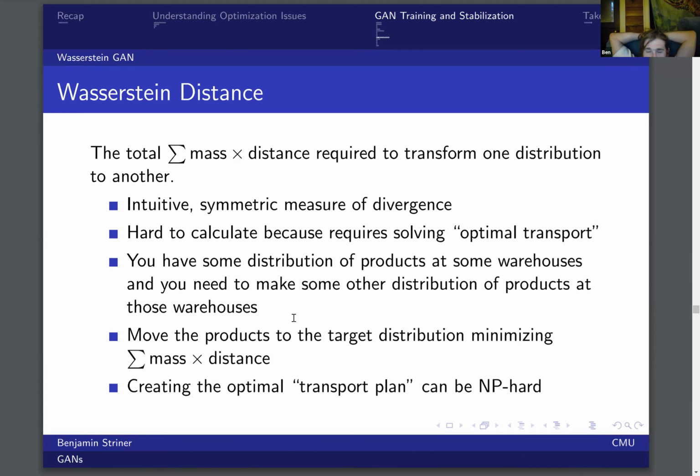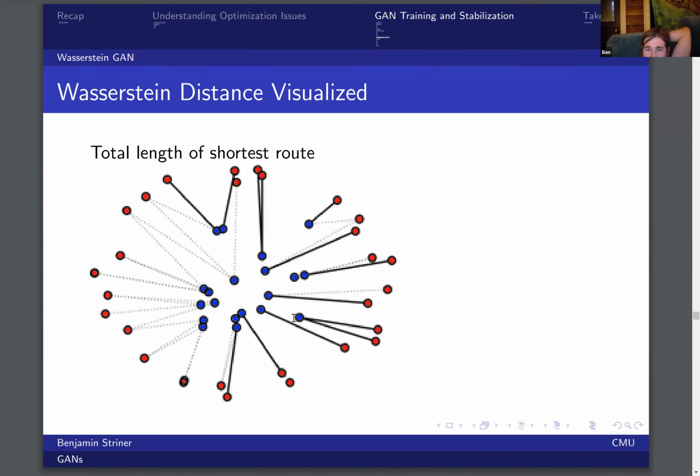It's move things from here to there, and solving for the Wasserstein distance itself is NP hard. So the Wasserstein distance is much better, but figuring it out is harder. Just for a visualization, let's say A is my red points and B is my blue points.